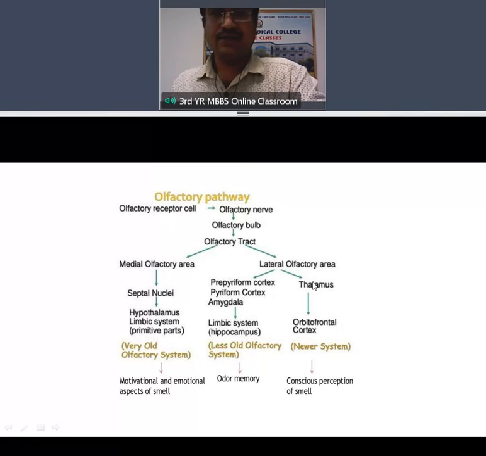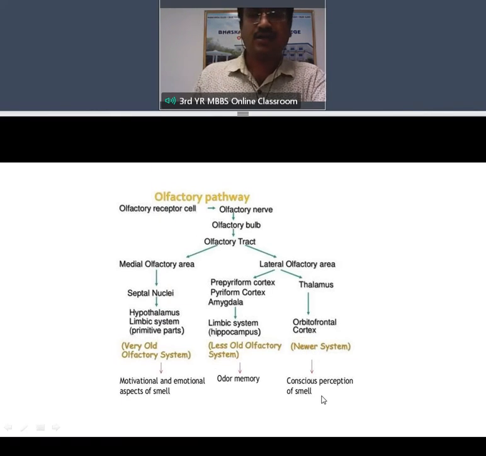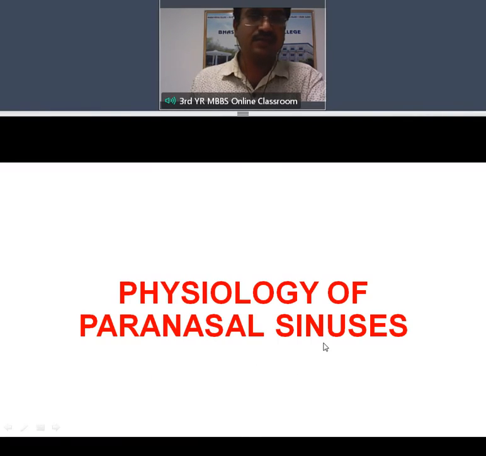From the lateral olfactory area, to the thalamus, the prepiriform cortex and piriform cortex, and amygdala. Then the limbic system, hippocampus, and orbitofrontal cortex area, from thalamus to the orbitofrontal cortex area. By these pathways, we get the conscious perception of smell. So that is about the olfactory part.